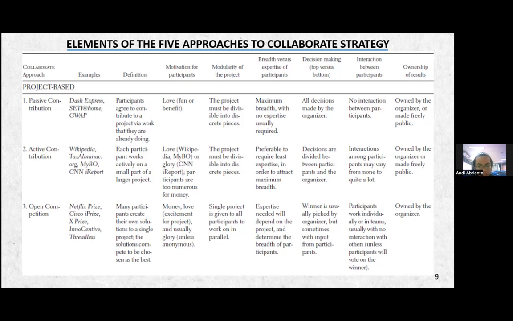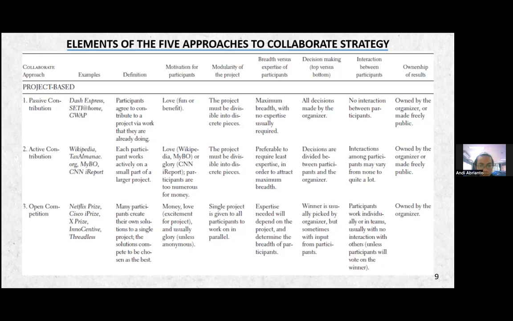It must be tackled in its entirety by one person or team. The motivation for participants in an open competition is mainly the chance to win, which might bring with it significant money, usually combined with public recognition.